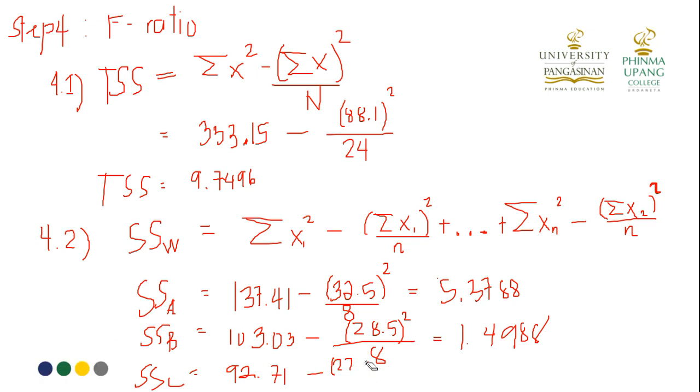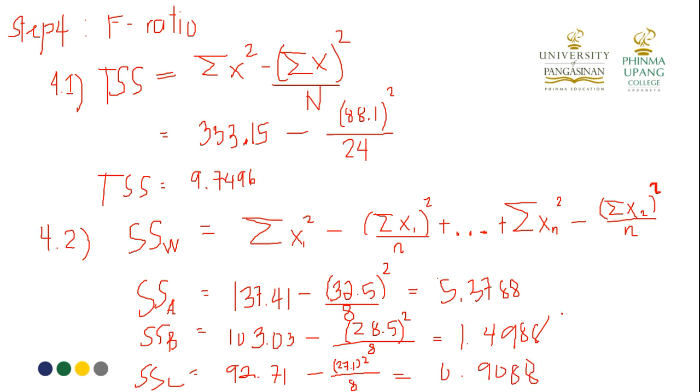Paliitin ko lang yung 8 niya. Lagay ko yung 8 dito. Yan. So, minus all over 8, 27.1 squared. So, ilan to? 0.9088. Tama po ba?